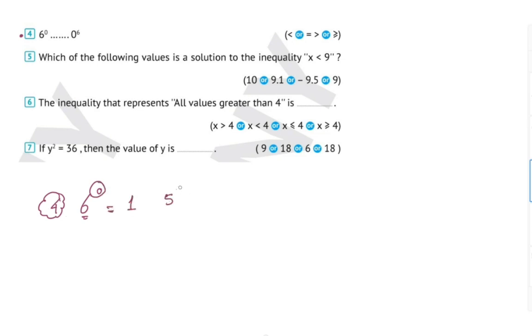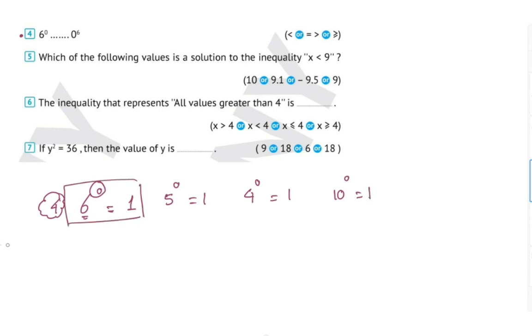Like 5 to the power 0 equals 1, 4 to the power 0 equals 1. Any number to the power 0 equals 1, whatever this number is. 10 to the power 0 equals 1. Now, 6 to the power 0 equals 1.